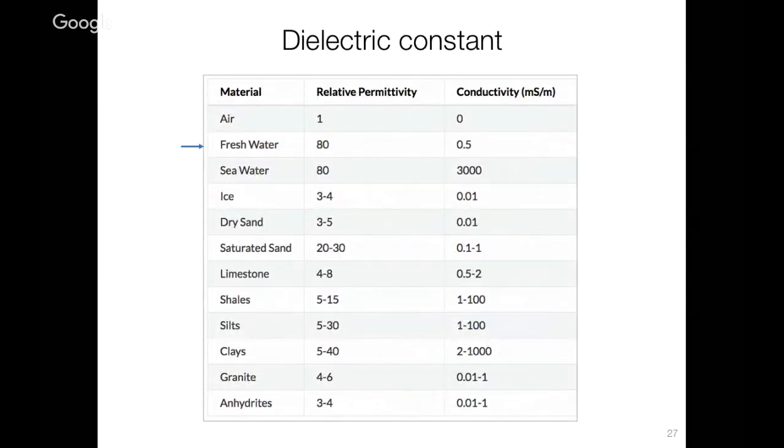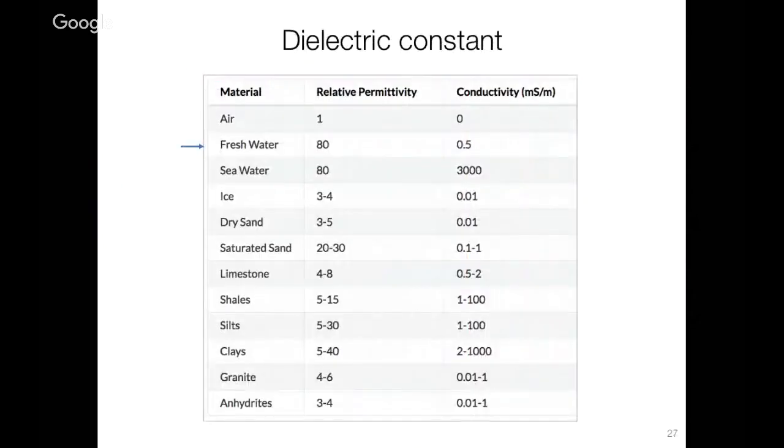The second physical property is the dielectric constant. The dielectric constant of air is 1. Salt water is 80. And other stuff is in between. This quantity becomes very important when we do ground penetrating radar, working at higher frequencies.